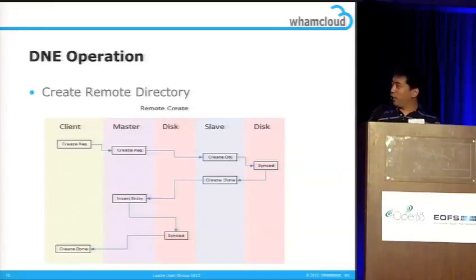When the client gets the reply from the master, since all the operations on the server side are synchronous, we know they are already committed to disk. So you can just throw away the request right away, and you don't need to care about replay. Actually, that simplifies things a lot.